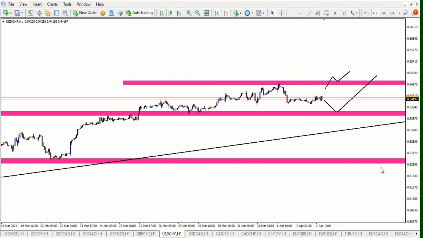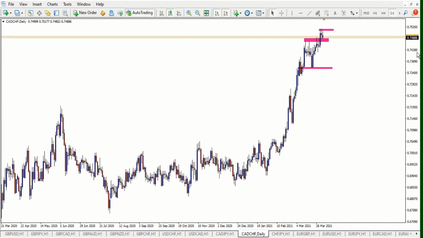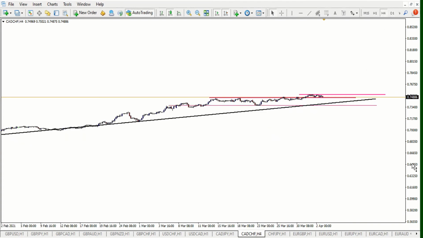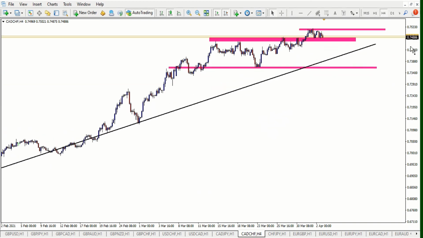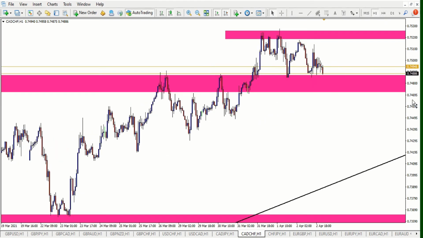Okay, the next pair, CAD Swiss franc. So with this CAD Swiss, we're also in an uptrend, pretty clear to see, very strong uptrend, higher highs, higher lows, and on the 4-hour chart we were very close to the support zone.